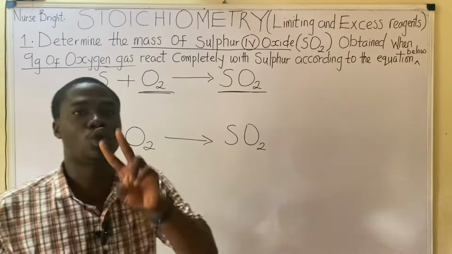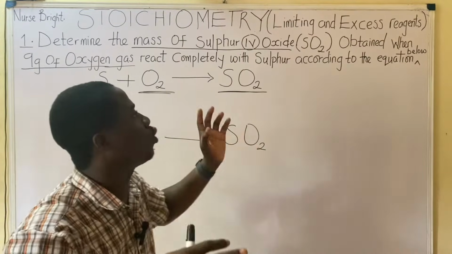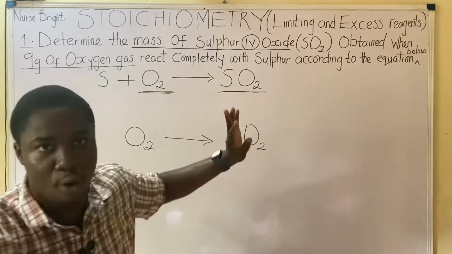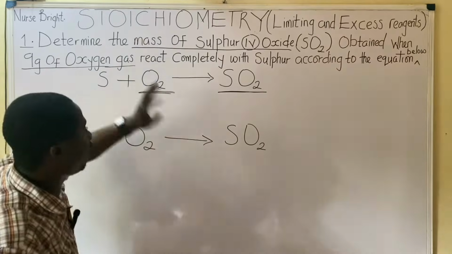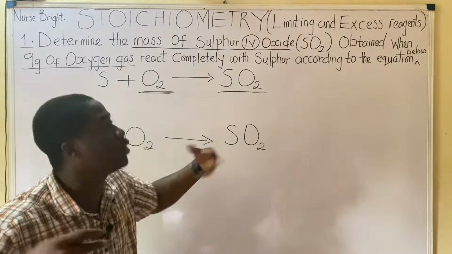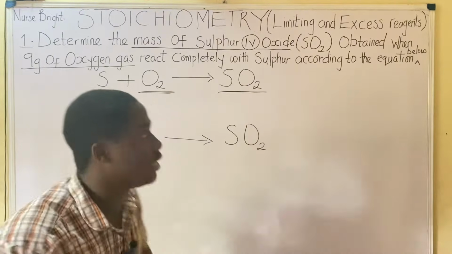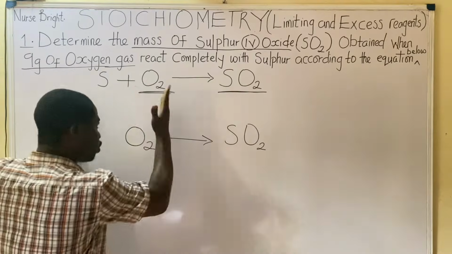They will give you the parameters for both reactants, and they will still be asking you to get the mass of your product formed. Because in this question, they're asking us to get the mass of SO2 formed, which is my product. Please listen carefully. They'll give you values for your reactants, both of them.